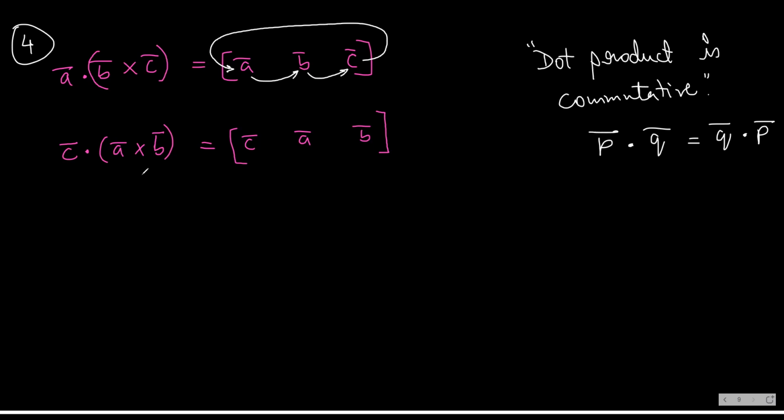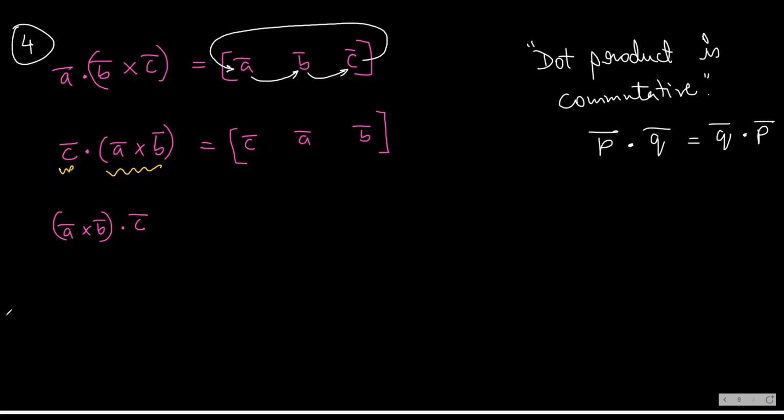Now, as you know, students, the dot product is commutative. So if I have c bar dot a bar cross b bar, can I write this as a bar cross b bar dot c bar?